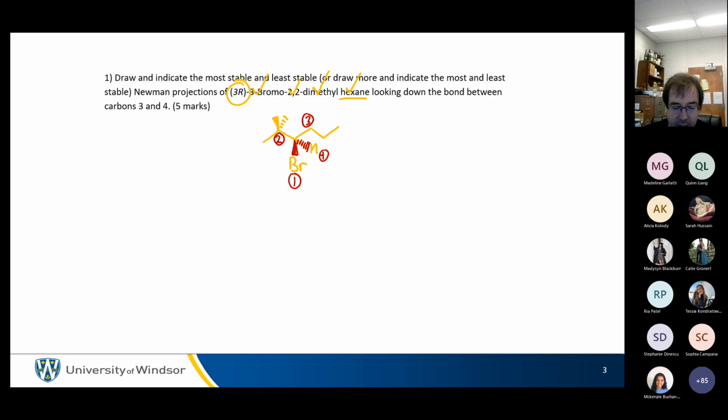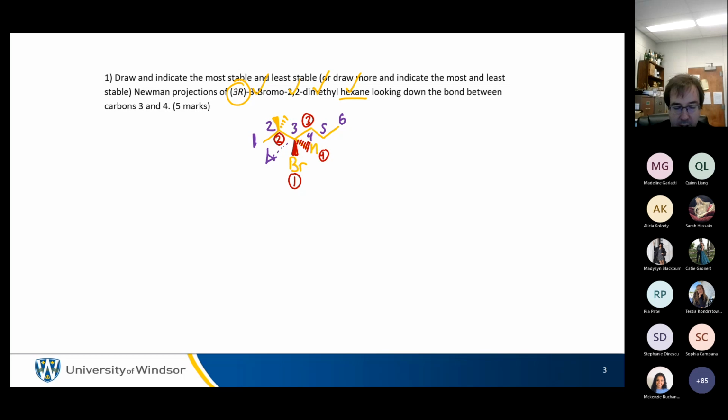Now, I want to look down the bond between carbons 3 and 4. I've numbered priority on there, but if I'm numbering carbons, it's 1, 2, 3, 4, 5, 6. I've asked to look down carbons 3 and 4. You could do this backwards. That would be acceptable. You could look down 4 to 3 or 3 to 4.